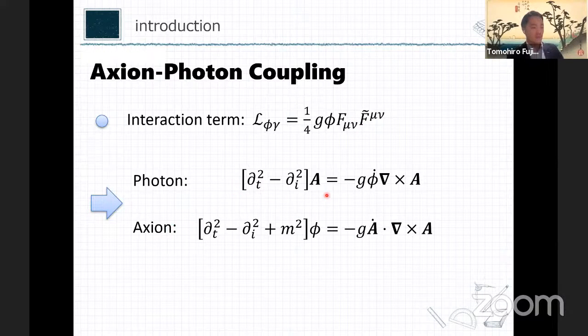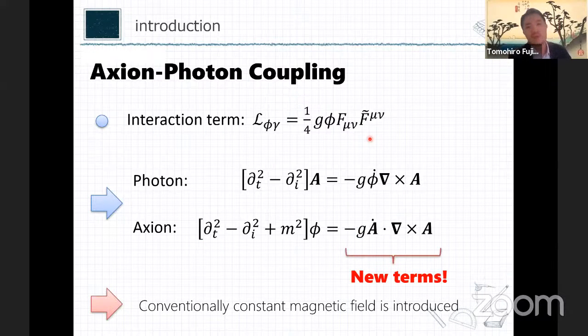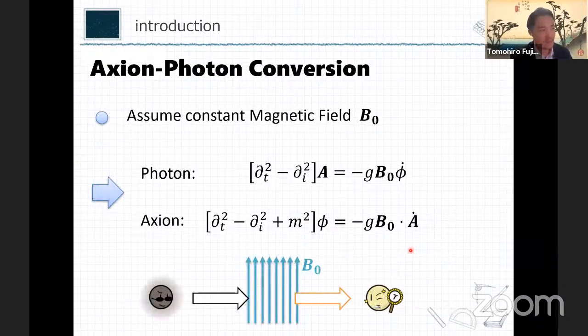The left-hand side is just the normal wave equation for the gauge potential, the vector potential, and for axion, it's the normal Klein-Gordon equation, but you get an additional term on the right-hand side due to this interaction term. One thing you immediately notice is that we have the rotation of the vector potential, which is nothing but the magnetic field. So conventionally, people try using this additional term by applying a magnetic field in experiments.